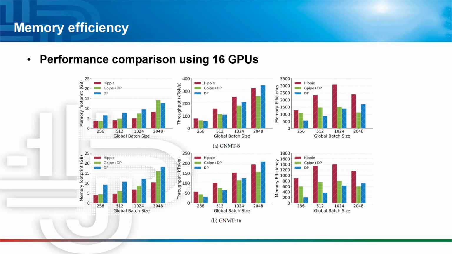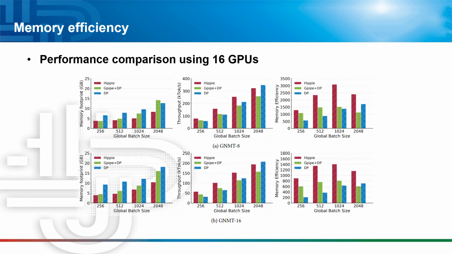The memory efficiency is significantly improved, which is always the highest among the above 4 methods. As shown in the last column, Hippie could get up to 2.65 times memory efficiency in GPT8 and 4.18 times in GPT16 compared to DP.